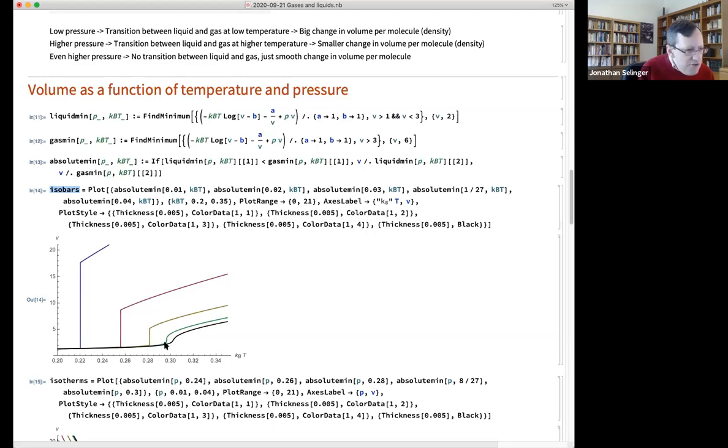Instead, there's just a single point where the slope is vertical, right? This plot looks like a function that just has one vertical point right there at the tip of my mouse, okay? And then it smooths out again and it continues to increase.